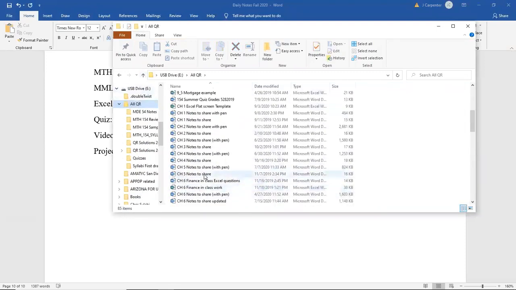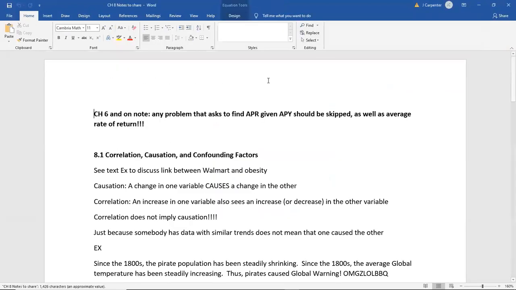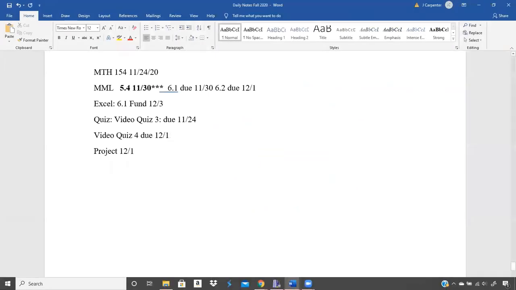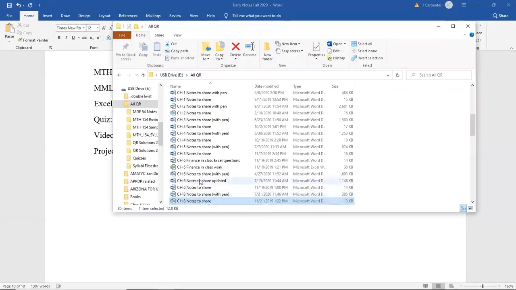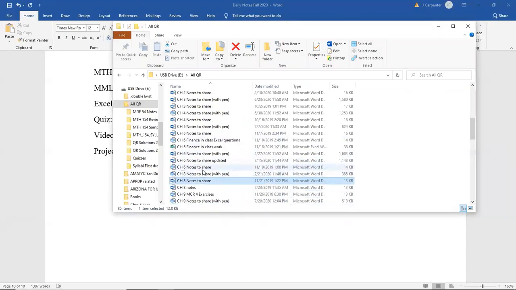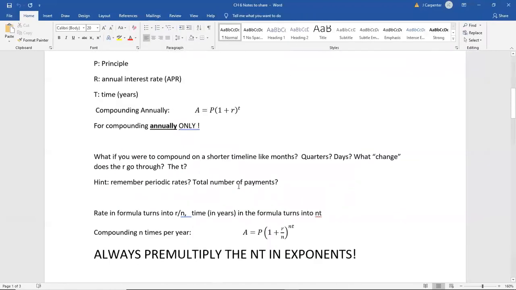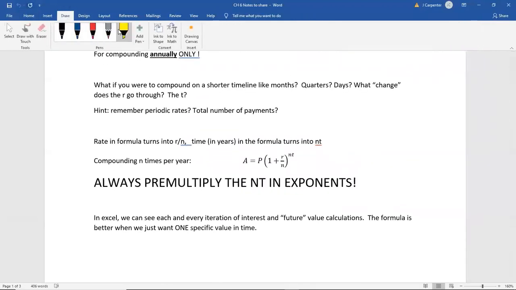Chapter 6 notes to share. Nope, that's 8. I can read. Chapter 6 notes to share. Where did they go? I hope I didn't accidentally save that. There it is. All right, there we go.